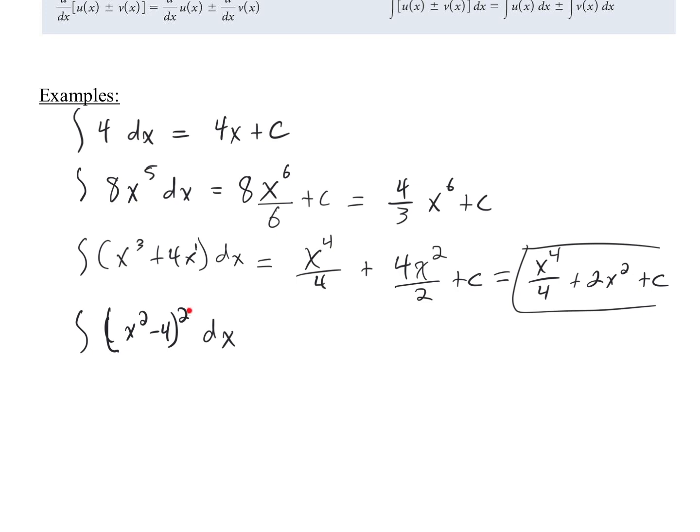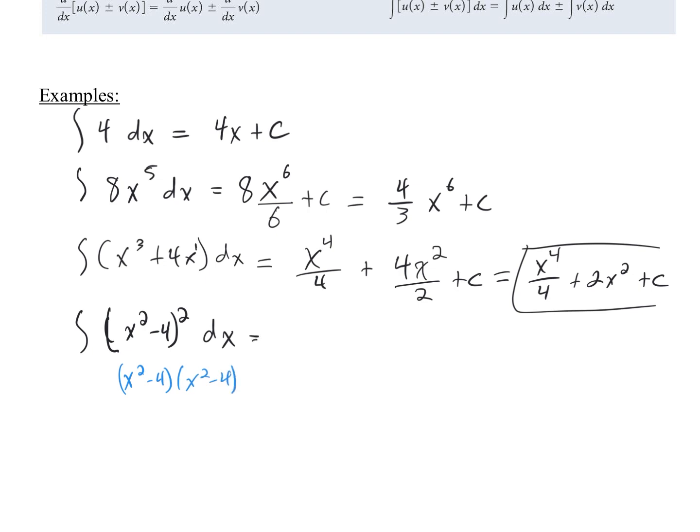But you're not allowed to just increase the 2 to a 3 and then divide by 3. Those processes just don't work when you have a function inside of another function. So what could we do instead? I know that (x squared minus 4) squared really means (x squared minus 4) times (x squared minus 4). So I'm going to just FOIL that out.